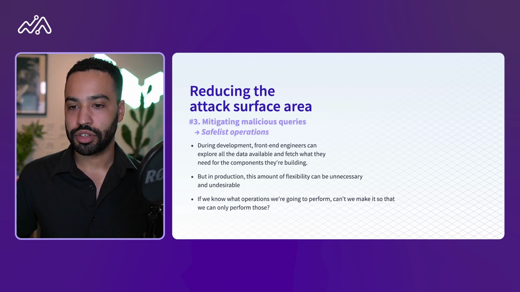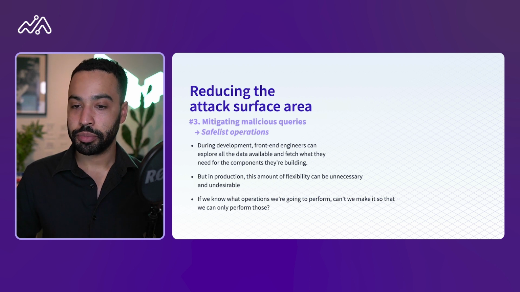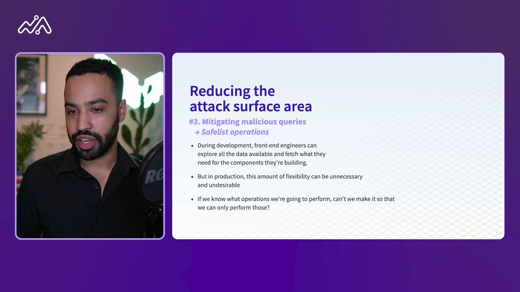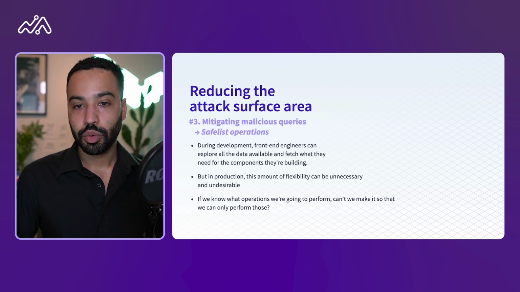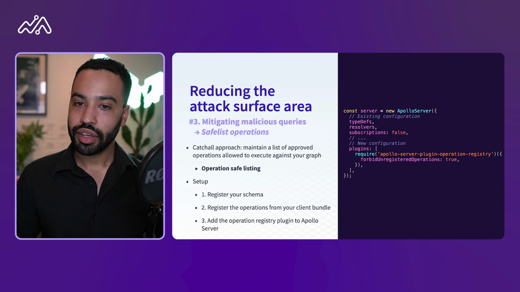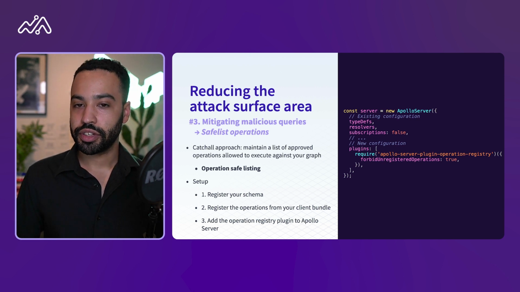mitigate that problem altogether? Theoretically, if we have two different client apps, can't we just tally up all the operations from both apps and only allow those specific operations to execute? We can. The feature that enables this is called Operation Safe Listing.